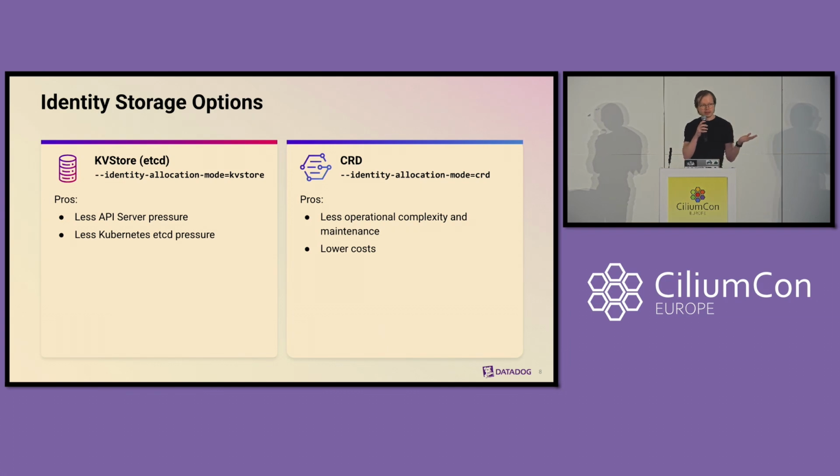So on the one hand, you have a dedicated etcd store that you have to manage, but you are putting less pressure on the API server and Kubernetes etcd. And on the other hand, you are storing the identities as CRD objects, so you don't have to maintain a separate etcd cluster, so the ops are a bit easier and there could be lower costs as well.